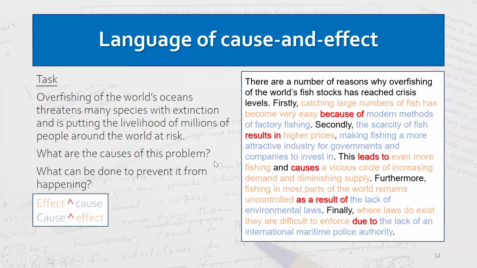Before I talk about the language of purpose, I would like to remind you that there can be a range of language expressing cause and effect relationships, like for example, conditional sentences. If we do this, something will happen. Well, the use of this is what we call first type conditionals.